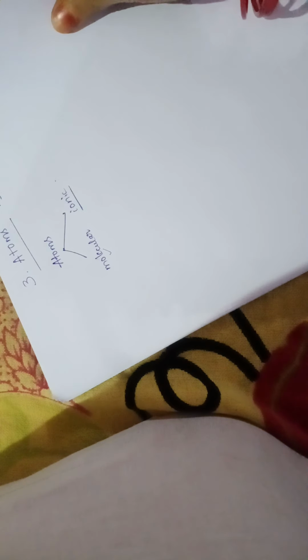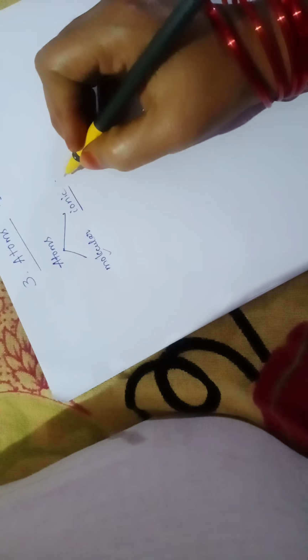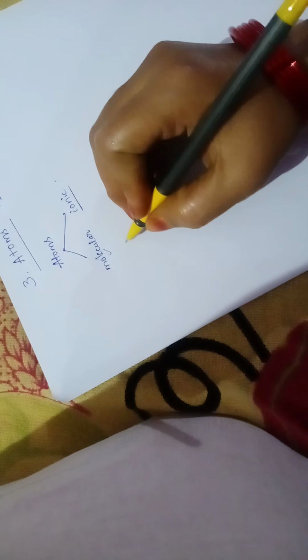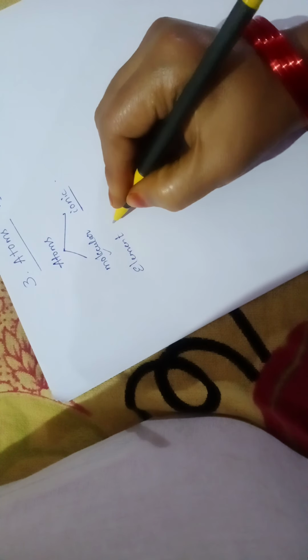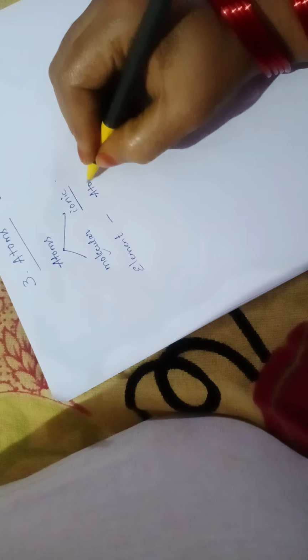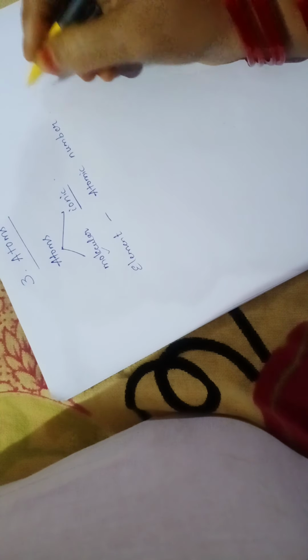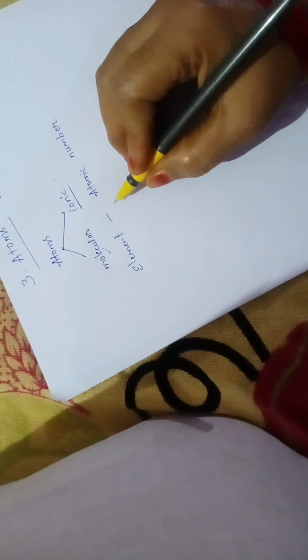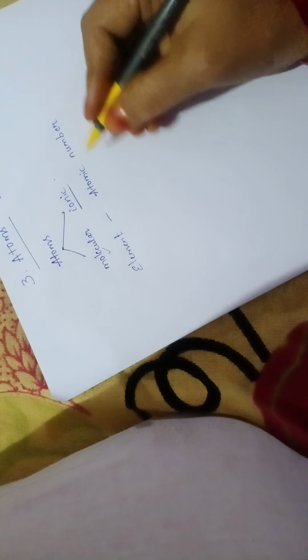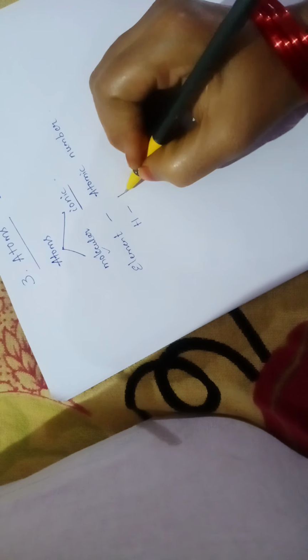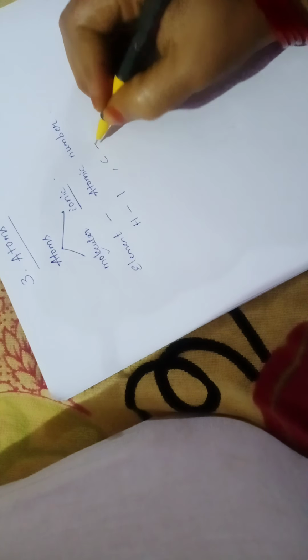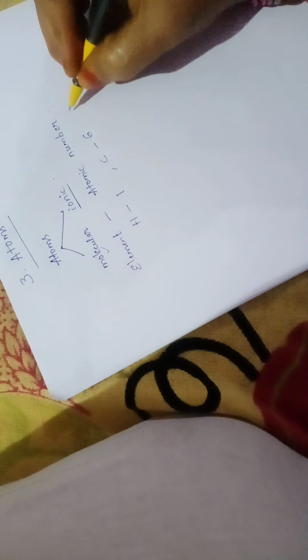Before going to learn about what are ions, first we should know that each and every element has some particular atomic number. For example, hydrogen, its atomic number is 1. Carbon, its atomic number is 6.